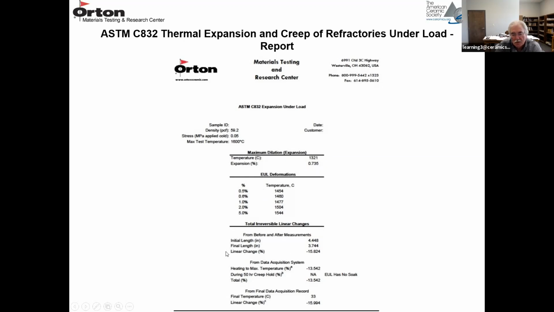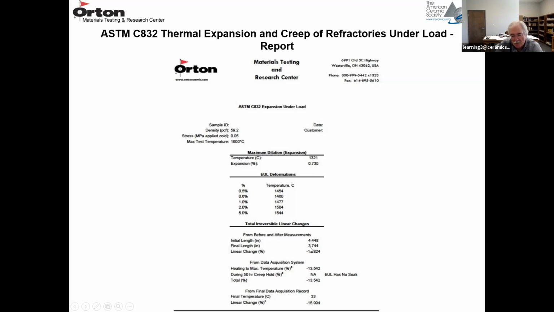We also measure the before and after length physically with a micrometer. And that just tells you you had about 15% total creep. It doesn't mean a great deal because that's heating and cooling, but we get that measurement. And the data acquisition system, in this case, the laser extensometer, gives about 15.9.